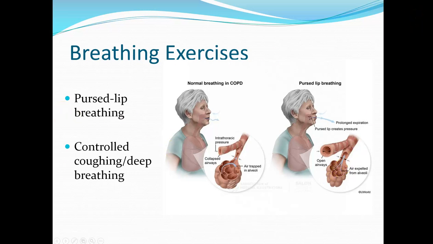Okay. We also want to encourage controlled coughing and deep breathing. This is going to help also clear any secretions, keep our alveoli open, prevent atelectasis and pneumonia. If someone has had abdominal surgery or some kind of thoracic surgery, it's really good to use a pillow or something to splint.